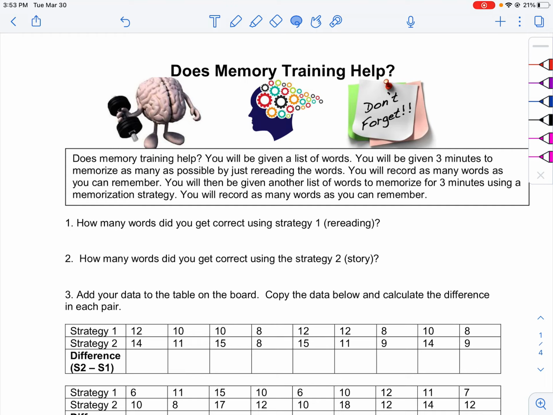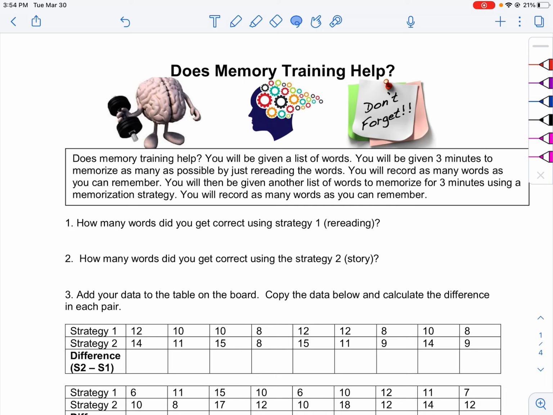Because we're all virtual and in different locations, I'm going to be using the data that I have from last year. Over here on my strategy 1, I have a student who scored 12 and the same student scored 14.